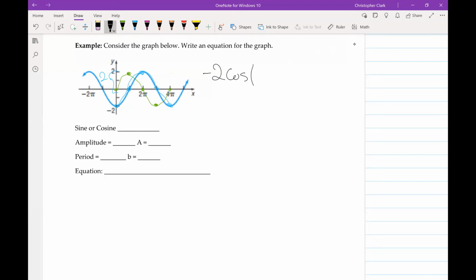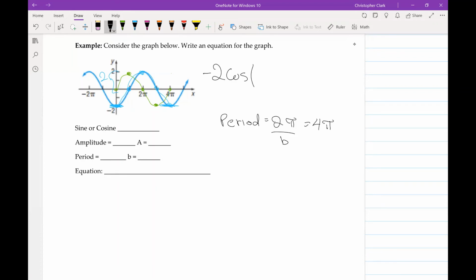Okay, fantastic. So now what is the period? If it begins at -2, the next time it returns to -2 is at 4 pi. So the period is equal to 2 pi over b, and this is equal to 4 pi. So what does this mean?